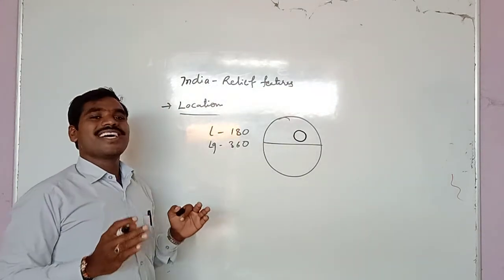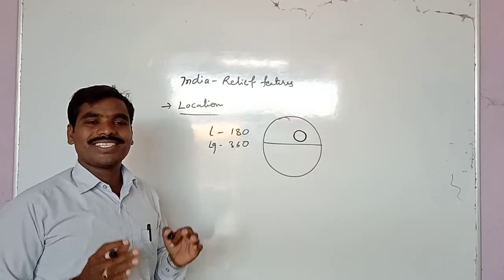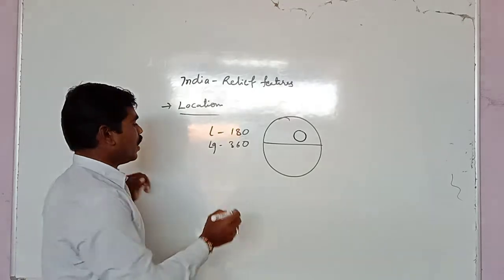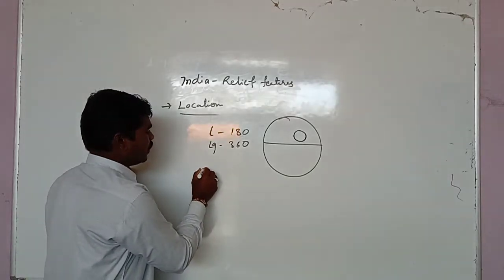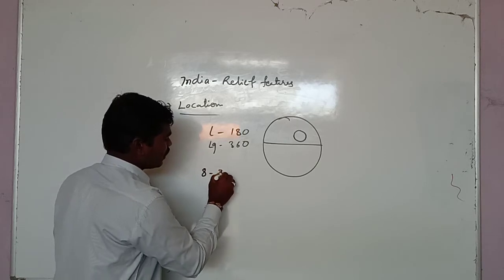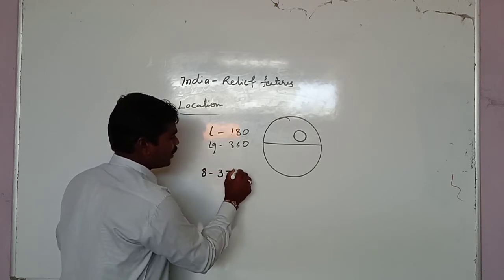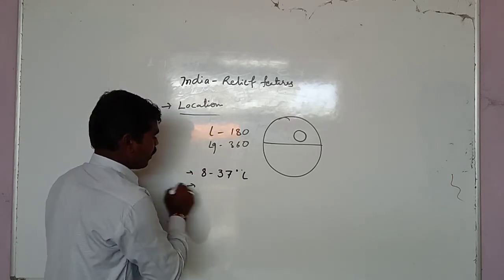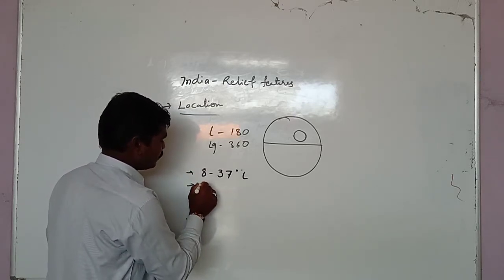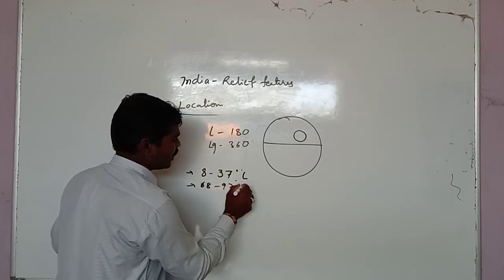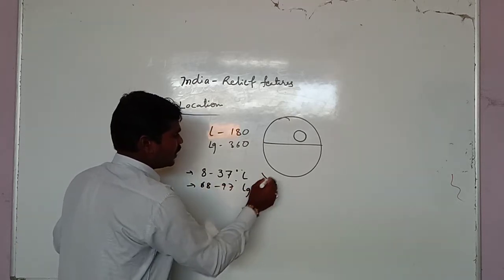So what is the exact location of our India? Our India is located from 8 to 37 degrees latitudes and 68 to 97 degrees longitudes.